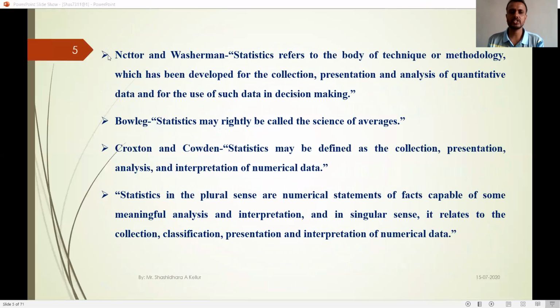One of the statisticians, Neiswanger and Wescherman, said statistics refers to the body of techniques or methodology which has been developed for the collection, presentation, analysis of quantitative data and for the use of such data in decision making.